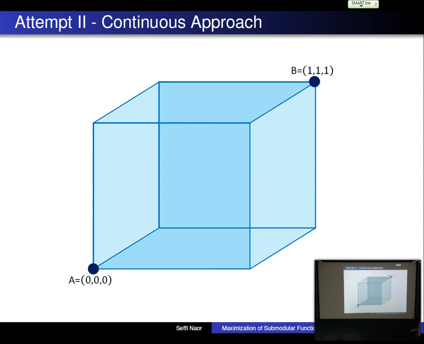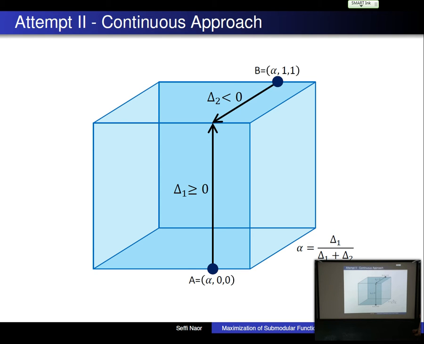So the algorithm is the following. We start with our two solutions, A and B. Now if, let's say, both delta 1 and delta 2 are non-negative, instead of making a probabilistic choice, we'll just move to a fractional point, alpha, which is equal to delta 1 divided by delta 1 plus delta 2.